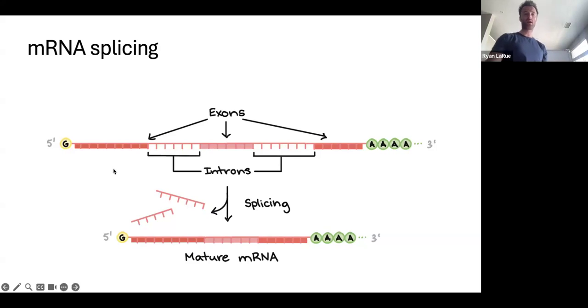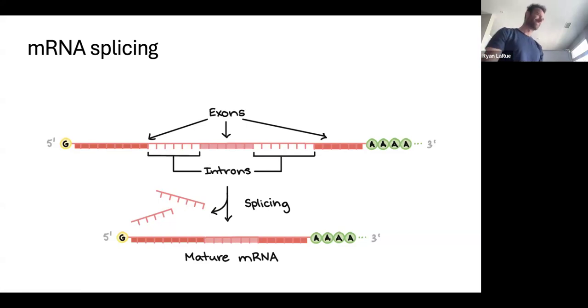So you can see after the messenger RNA is produced, you have little stretches of mRNA from the DNA called introns, shown here. But you also have stretches called exons. So you've got introns and exons. Before the messenger RNA goes to the ribosome to be translated, the introns are removed, which is annoying because you'd think introns stay in.